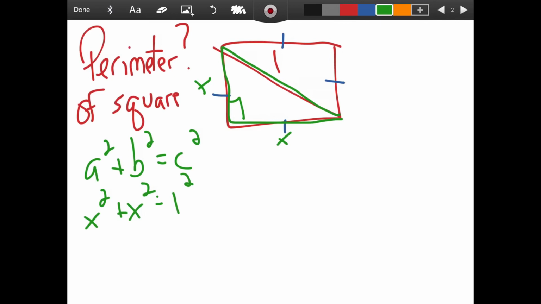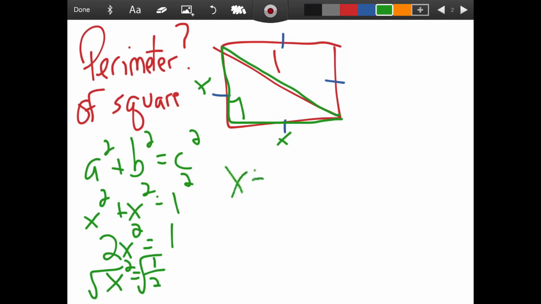So combining x squared and x squared, I'm going to get 2x squared equals 1. Okay, now it gets a little trickier. Well, x squared, we divide both sides by 2, is 1 over 2. And now I got to take the square root, right? So I have x equals the square root of 1 over 2.